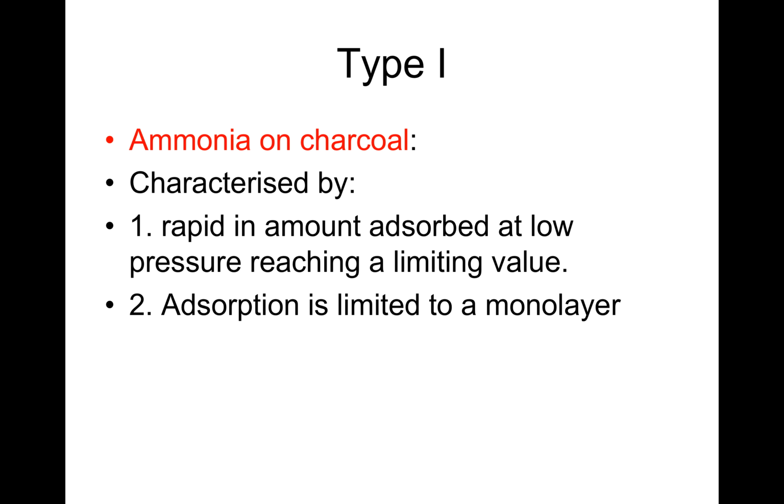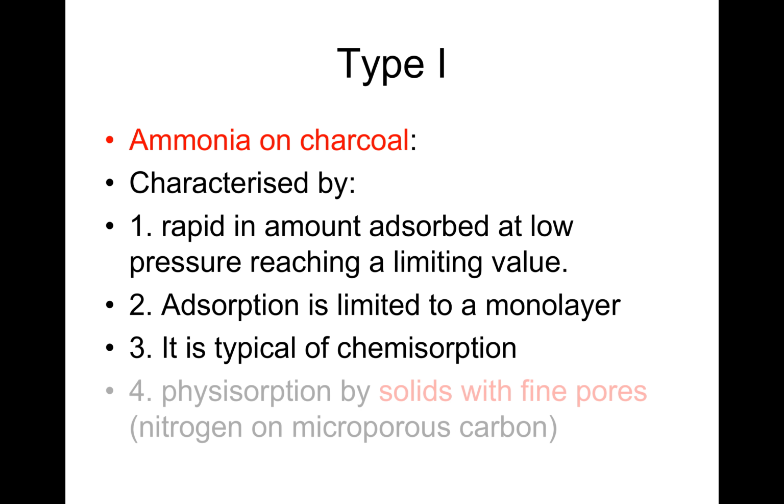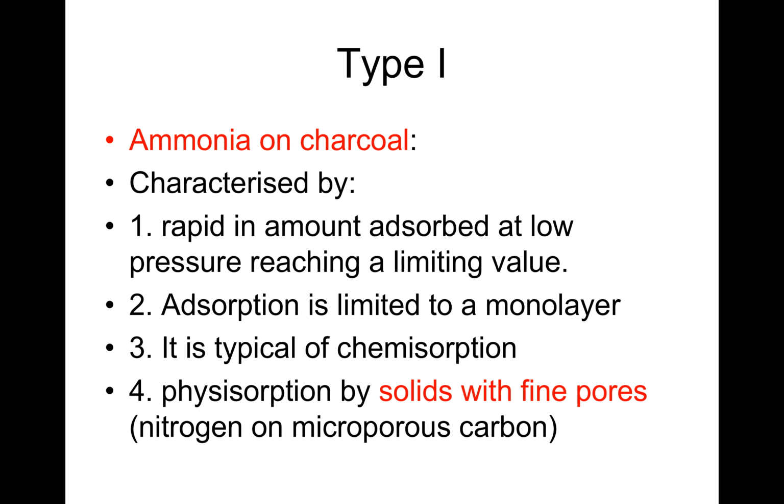It means one molecule per site covering the whole surface. This is typical of chemical adsorption or chemisorption. It can also be due to physisorption by solids with fine pores, for example, nitrogen on microporous carbon.